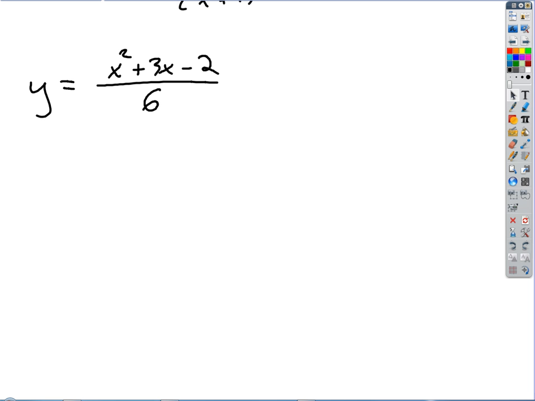The quotient rule is for differentiating a quotient of functions. If I've got a constant on the bottom, big deal. Dividing by 6 is the same as multiplying by 1/6. So think of it as 1/6 times x squared plus 3x minus 2.